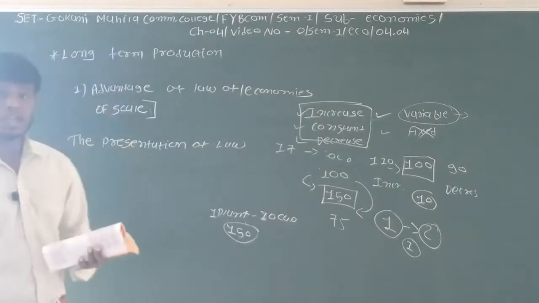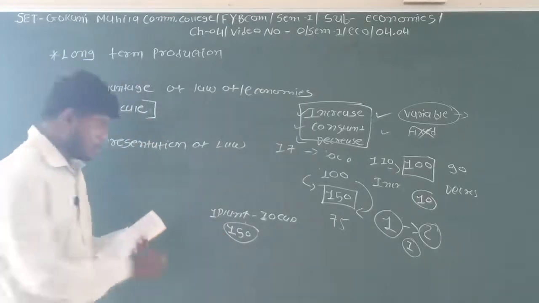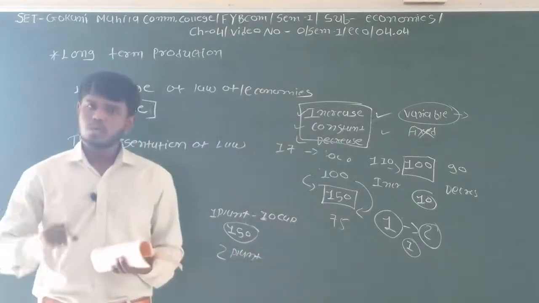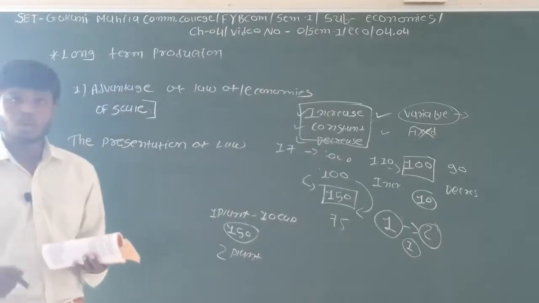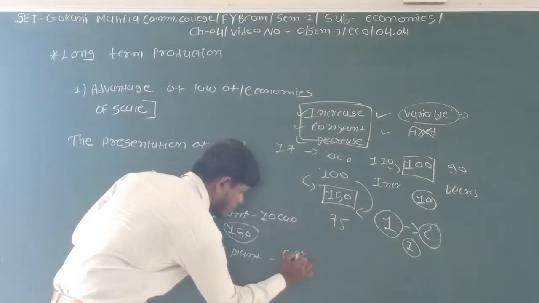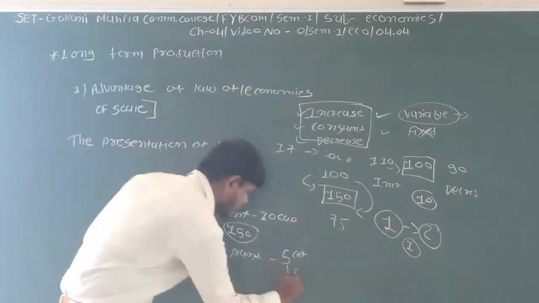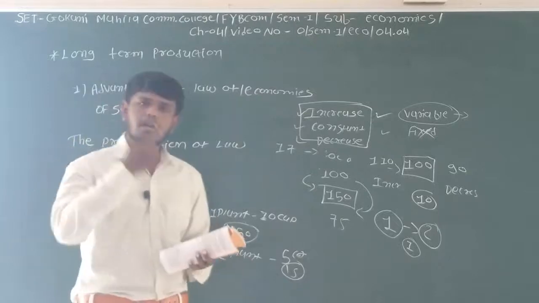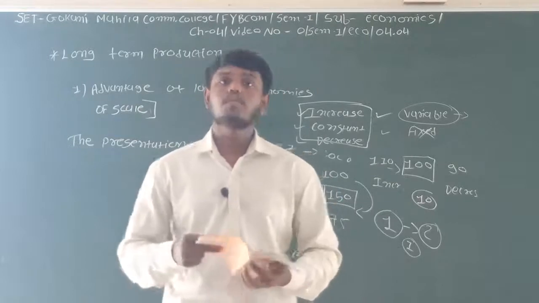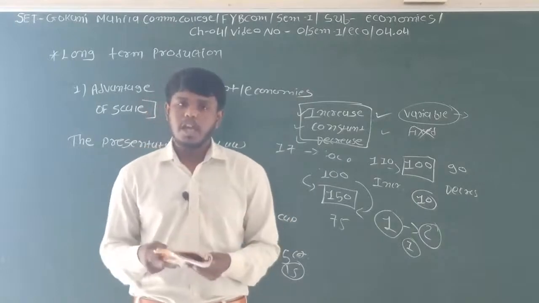But when you increase factors of production, say you add one more plant, from 1 to 2 plants, to purchase this plant you have to add more capital. The cost of 5 crore rupees will be added, and your capital becomes 15 crore rupees. And when you add one more plant in your production system, you also need more workers, more laborers in your business enterprise.